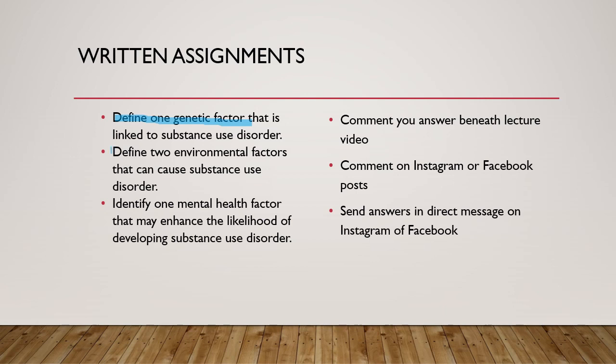Number 2 is to define 2 environmental factors that can cause substance use disorder. And number 3 is to identify one mental health factor that may enhance the likelihood of substance use disorder. Remember that you can comment these beneath the lecture video on the Instagram or Facebook pages, or you can always direct message them to me on the Instagram or Facebook pages as well.